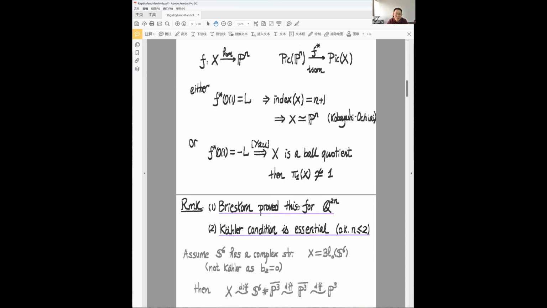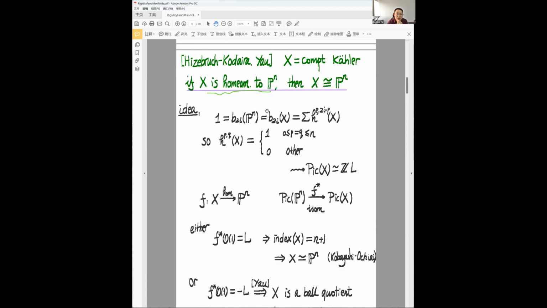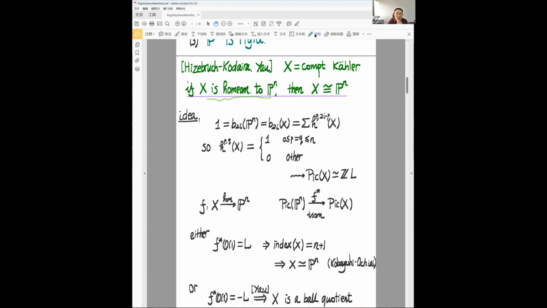And then naturally you may ask what happens for other varieties, for example hyperquadrics, Q2n. For even dimensional hyperquadrics, this has been done. But for odd dimensional hyperquadrics, I don't know if this is true or not. Also, in this theorem, we assume that this is a compact Kähler manifold.